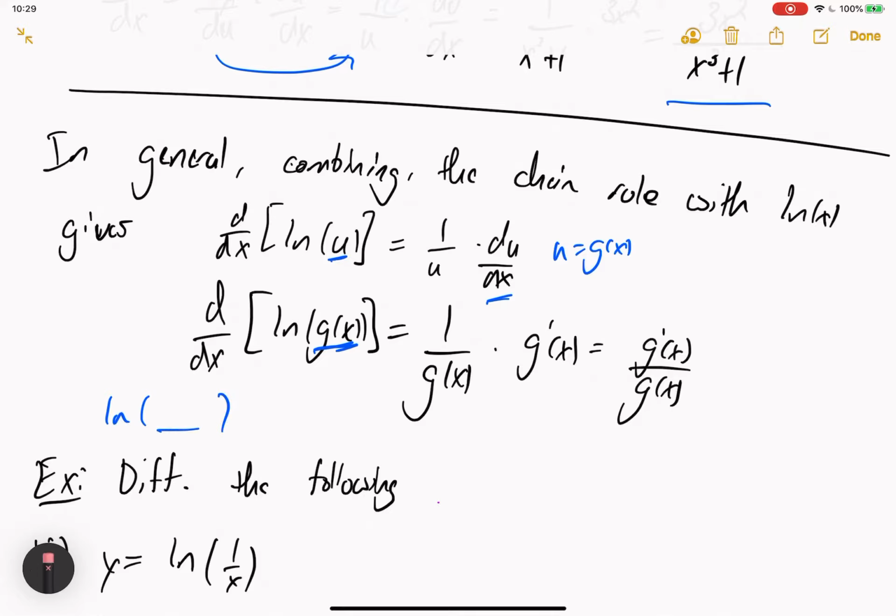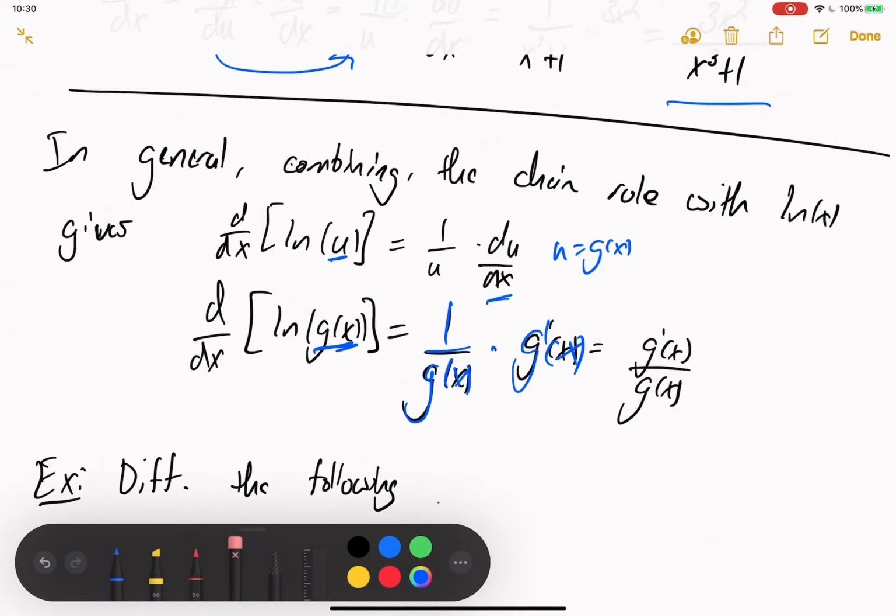So what I say is: the derivative of ln of g of x is 1 over the argument, so 1 over g of x, times the derivative of the argument. And I find that pretty helpful, especially when we get to more complicated cases, which I'll show you whenever we get there.